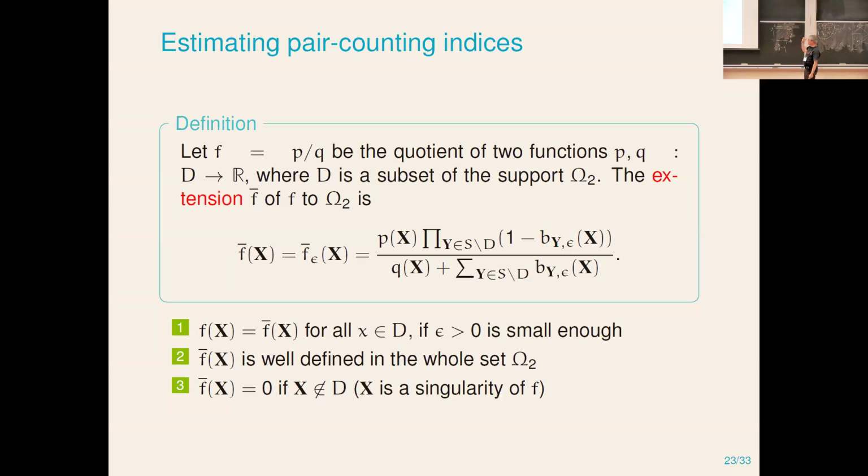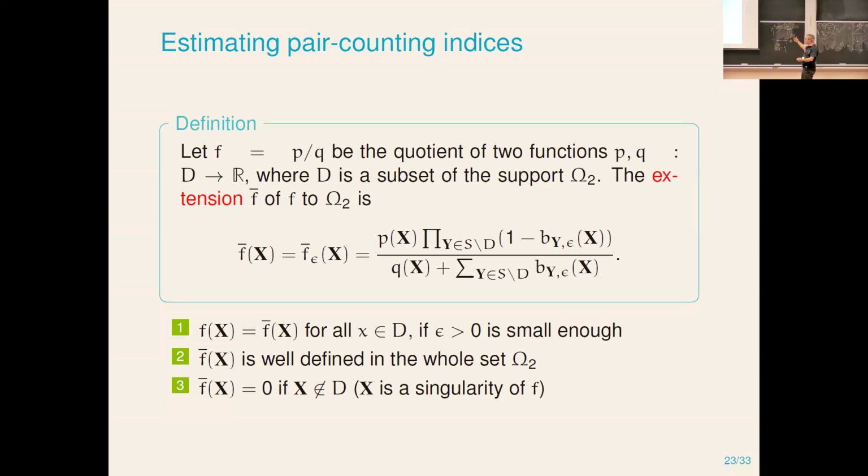And then the idea is that if you take epsilon small enough, then the function f of x will coincide with the extension whenever x is in the domain D, for which the function is well defined.